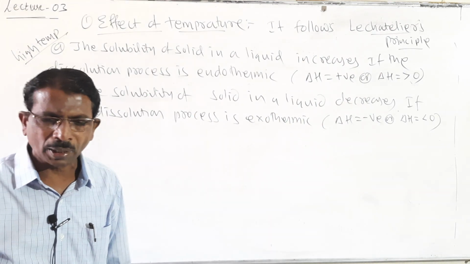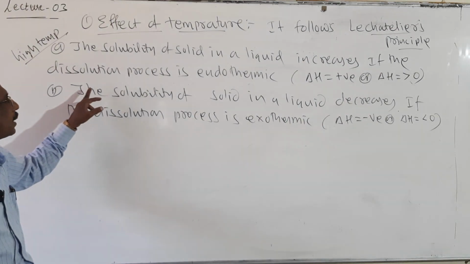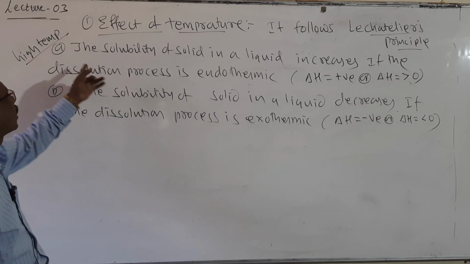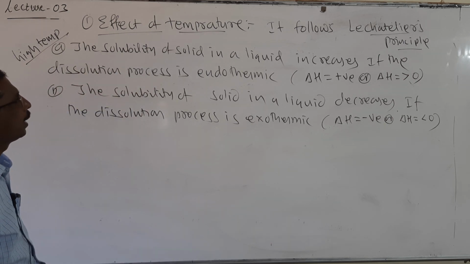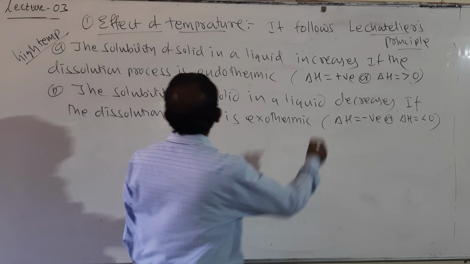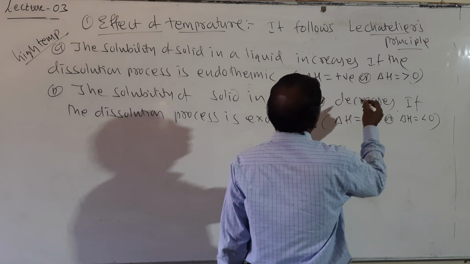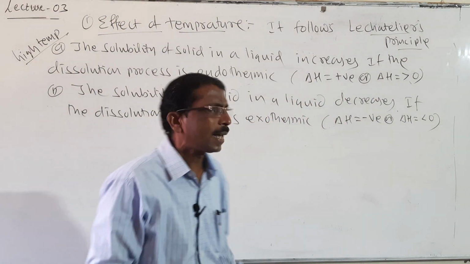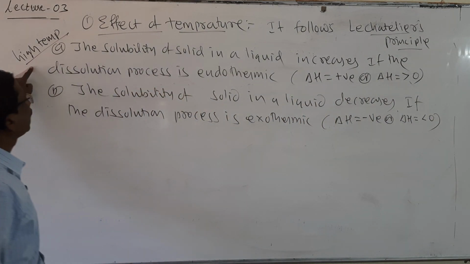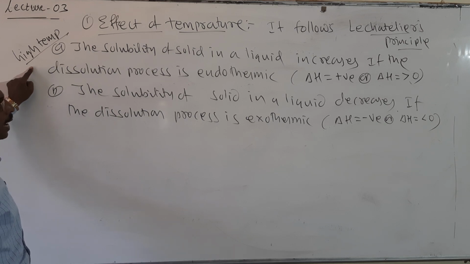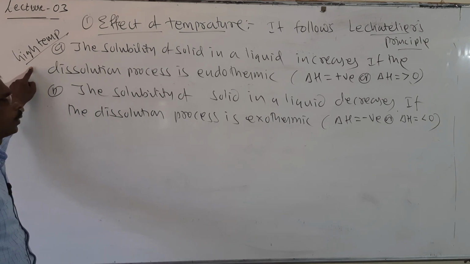So the solubility of a solid in a liquid increases as the temperature increases. You may add this also: the solubility of a solid in a liquid increases if the dissolution process is endothermic. Remember, it takes place at high temperature, and the other takes place at low temperature.